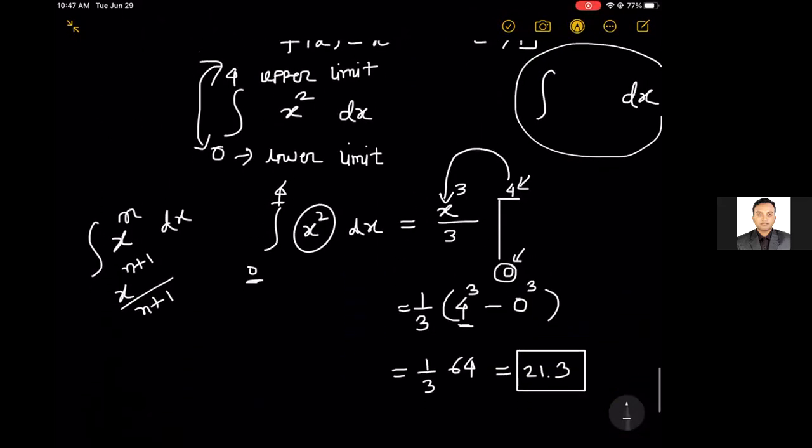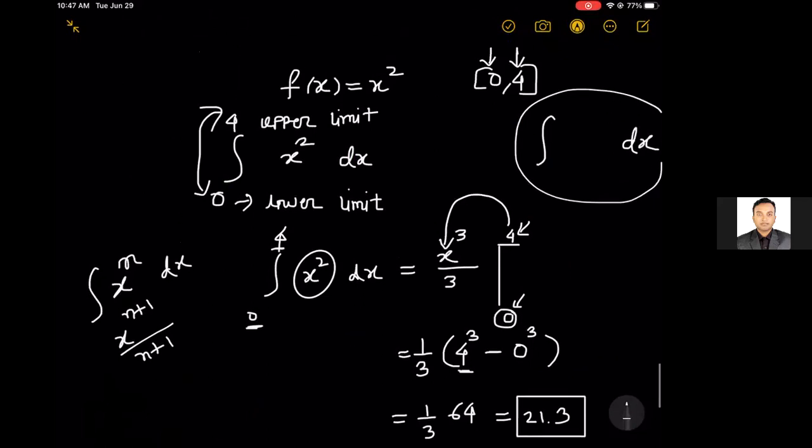Any question from this problem? I mean, how did I find the antiderivative? How did I evaluate it at the upper limit and the lower limit? Any question from this? Take your time, okay?